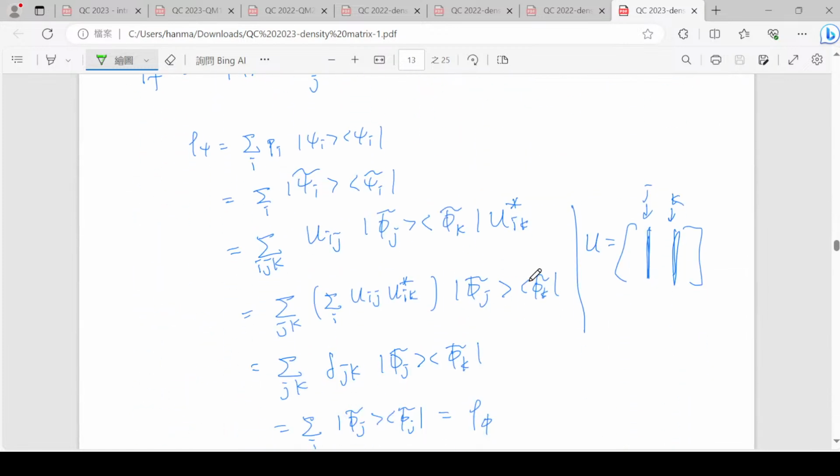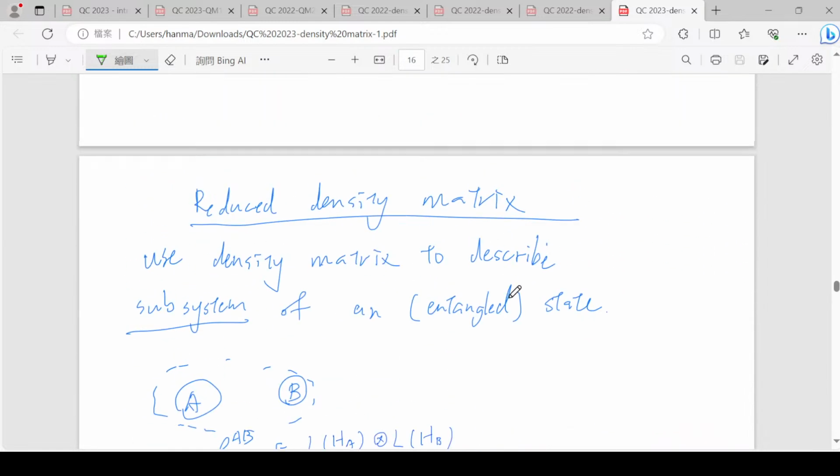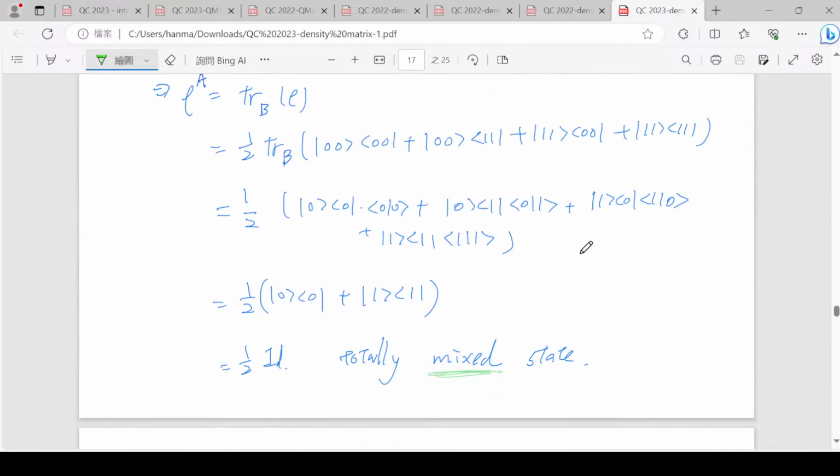Okay, if there is no question, then let's start another topic. Let's introduce the reduced density matrix.